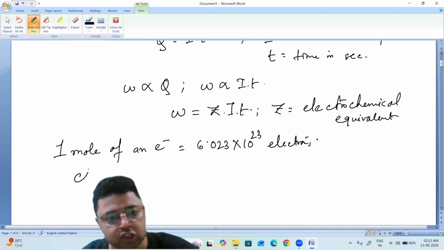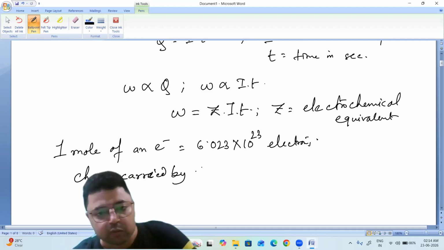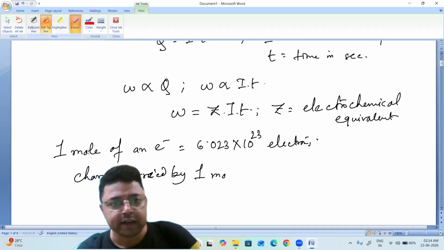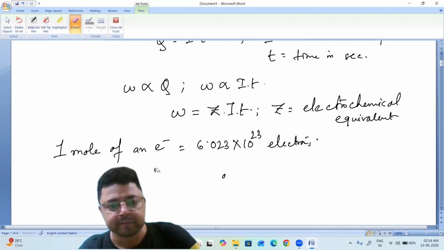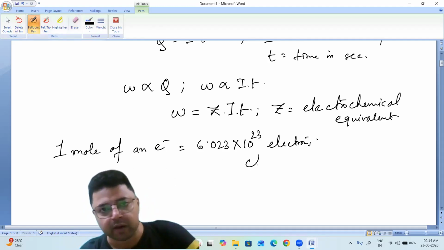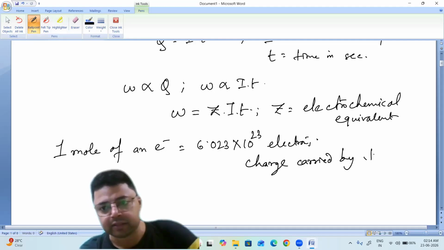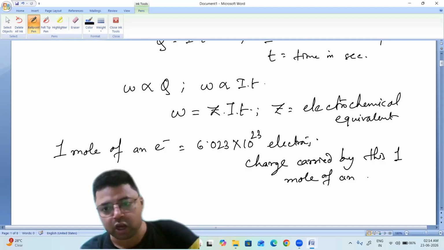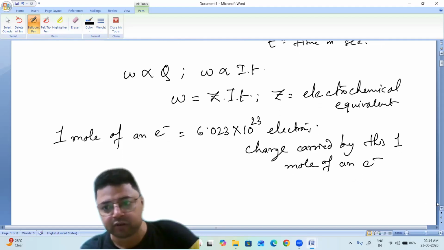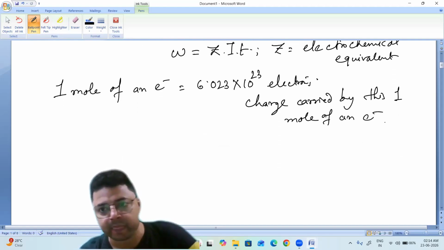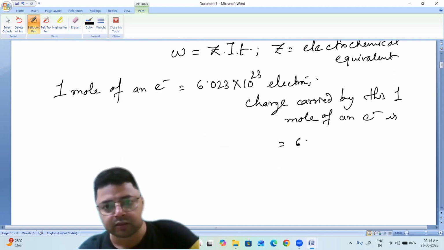Now, the charge carried by 1 mole of an electron is 6.023 times 10 to the power 23 times the charge of an electron.